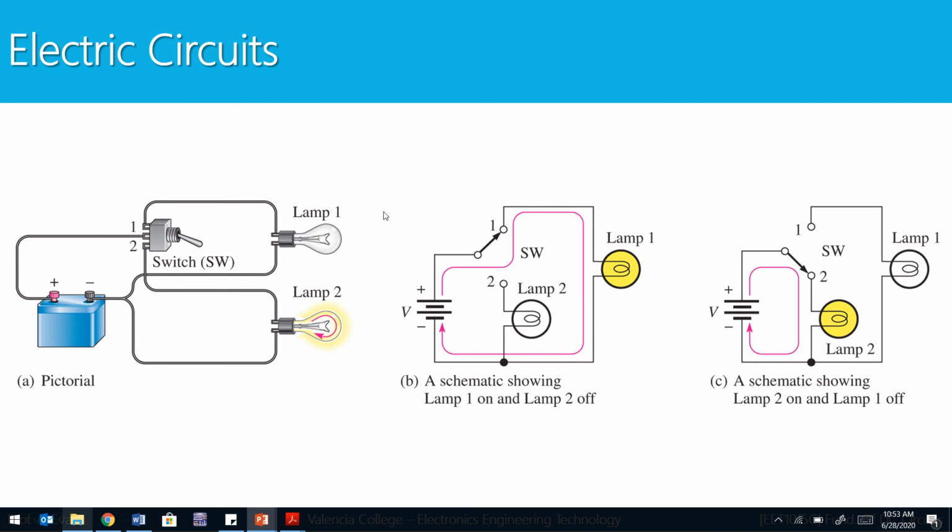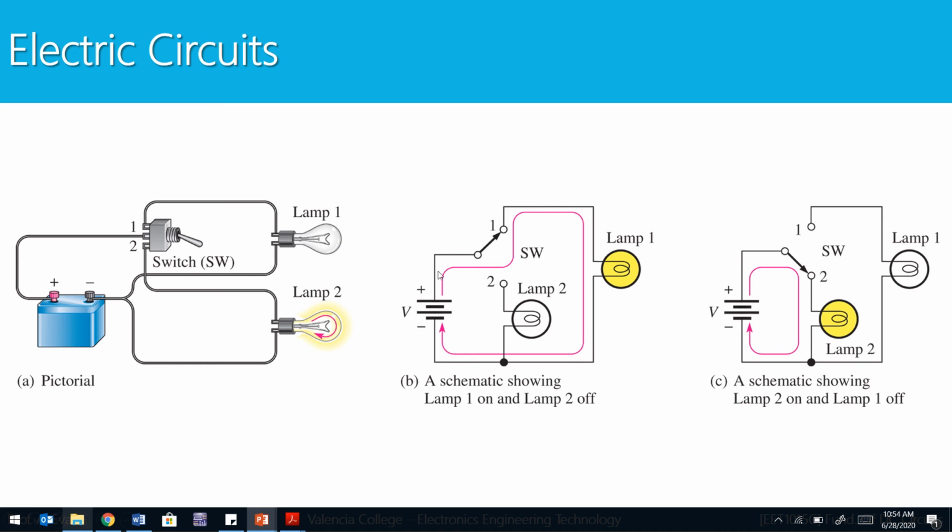Here's another example of just understanding how current will flow in a circuit. So notice that we have a switch. The switch could be in one of 2 positions. It could be down in position 2 or it could be up in position 1. And depending on which position the switch is in, that will control which lamp is going to turn on. So if we look at the switch being in position 1, let's trace the path of current.